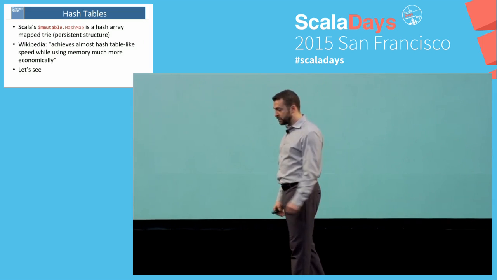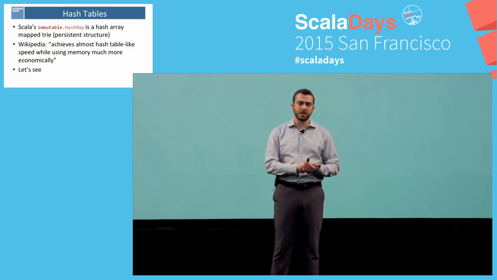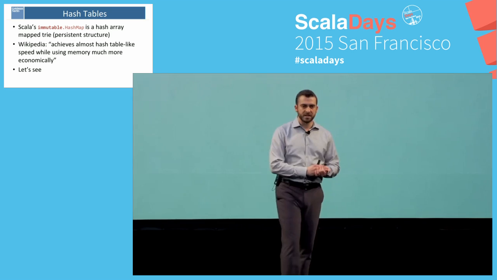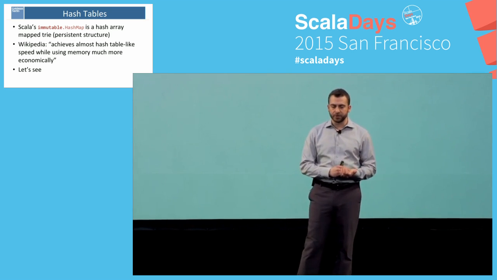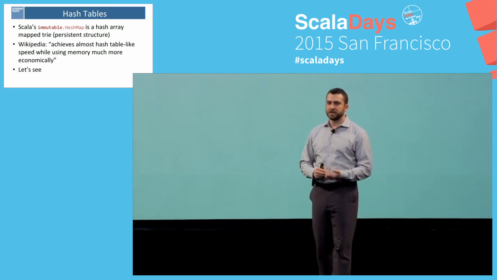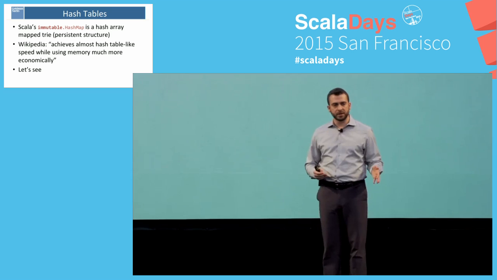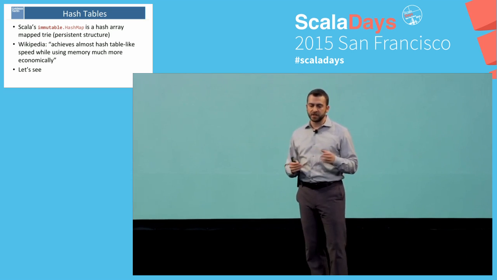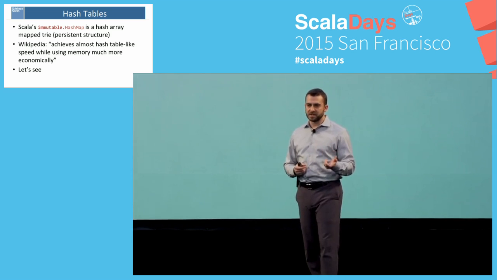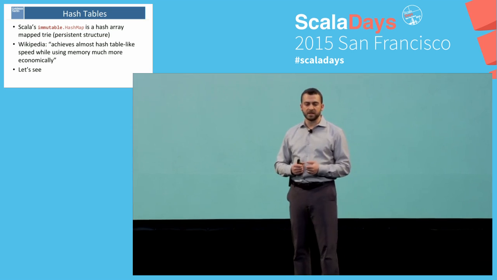And I'll talk about mutable and immutable hash tables, but I'll just start by mentioning the immutable hash table is another persistent data structure in Scala. The immutable hash map is a hash array mapped tree, a retrieval tree. And the way it's actually implemented is in the tree, each node has 32 children. The hash code is taken and split into 5-bit chunks, and each 5 bits represents a number that tells us which of the 32 children to navigate to.